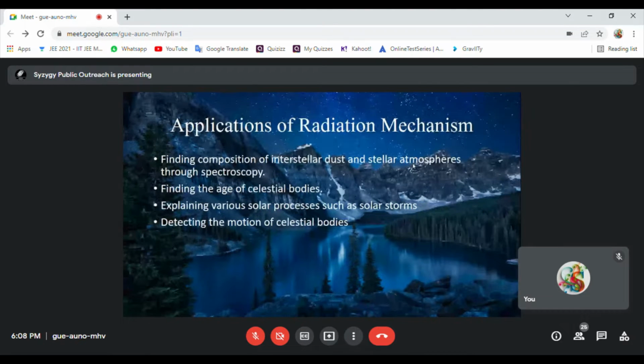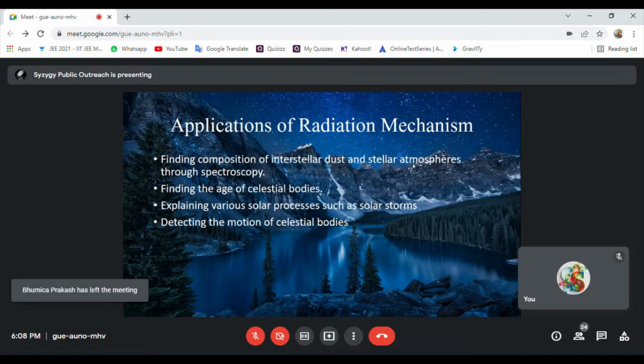If the light is shifting towards the red part of the electromagnetic spectrum, or to the blue part, we can tell its velocity, its direction of motion, and often the cause of its motion. Okay, so these are some basic applications of radiation mechanism.